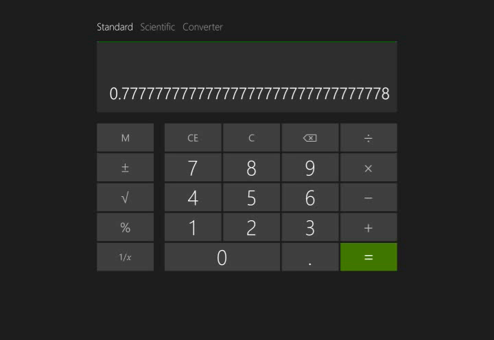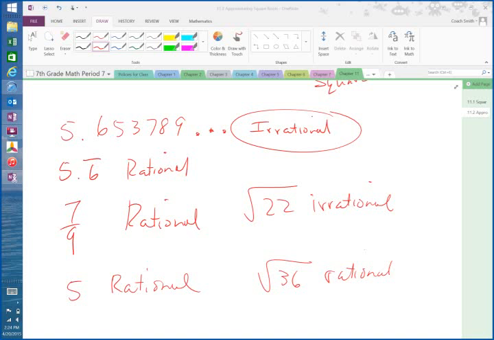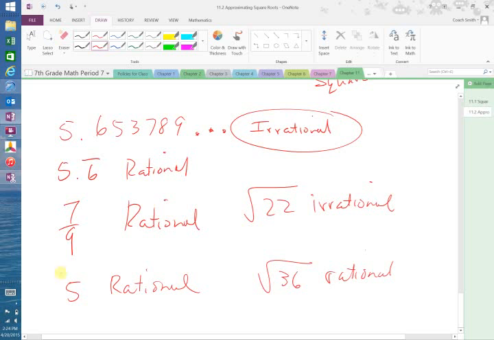So a repeating decimal number, and it's got an 8 at the end because it's got to stop because there's no more room on the screen. Okay, that's why it's got an 8 at the end. But that's rational. It's still rational because it's a repeating decimal number. Its end, 7 over 9, is just 0.7 with the bar over it.